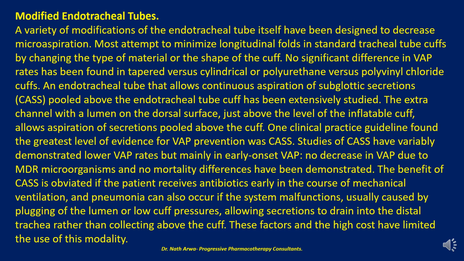Studies of continuous aspiration of subglottic secretions have variably demonstrated lower ventilator-associated pneumonia rates, but mainly in early-onset ventilator-associated pneumonia. No decrease in ventilator-associated pneumonia due to multi-drug-resistant microorganisms and no mortality differences have been demonstrated.